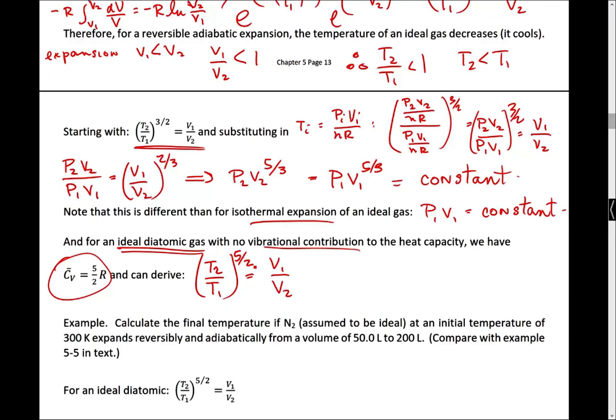So there we have the relationship between temperature for initial and final volumes for adiabatic expansion for a diatomic gas. These are different because we have different heat capacities.